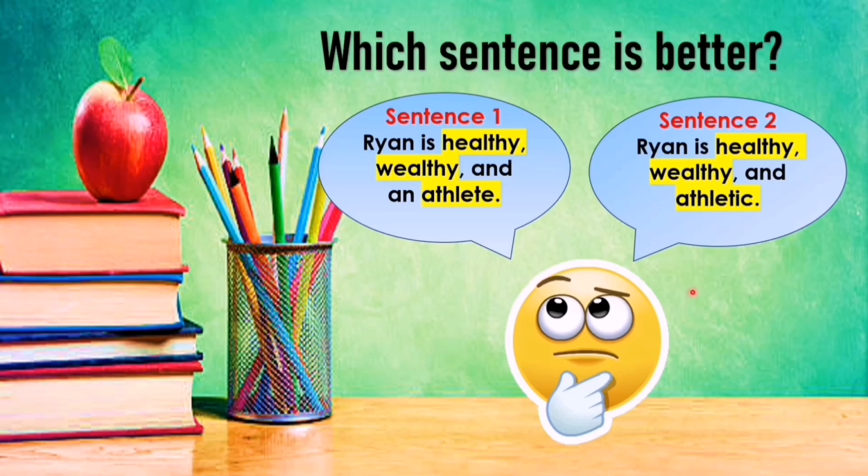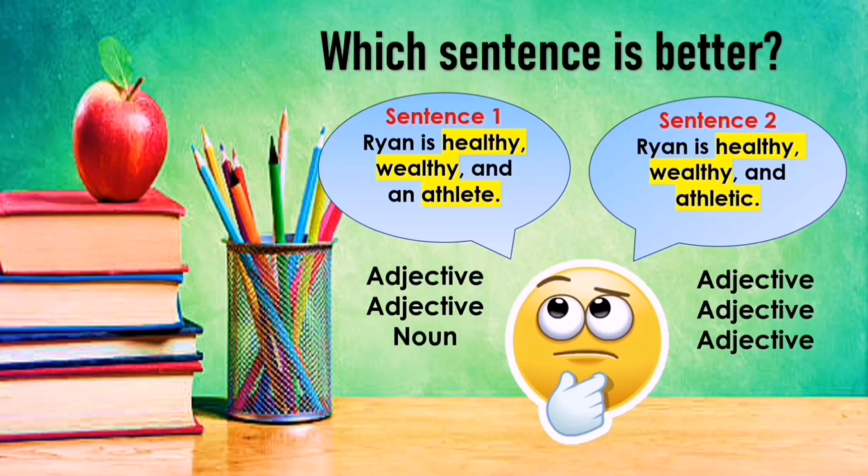Sentence number 2 is better because it uses the same part of speech, which is adjective. We have wealthy, healthy, and athletic. For sentence number 1, it is not parallel in structure because it uses a combination of adjective and noun.